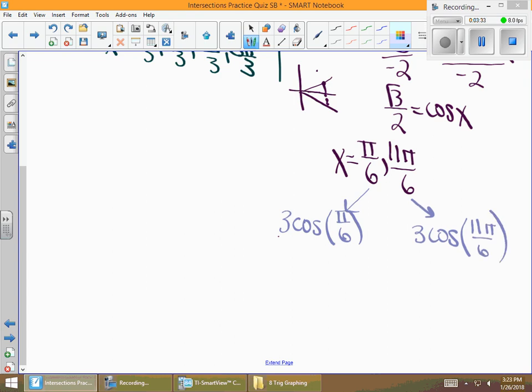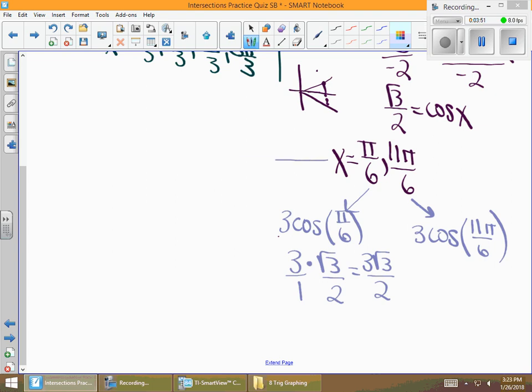Of course, at both of these places, cosine is positive radical 3 over 2. So our y-coordinate for both of those ordered pairs is going to be 3 radical 3 over 2.